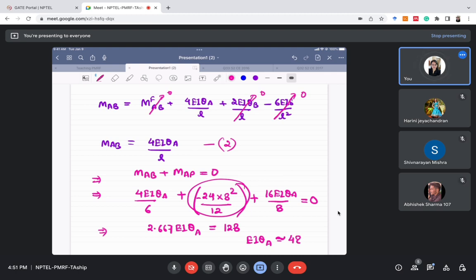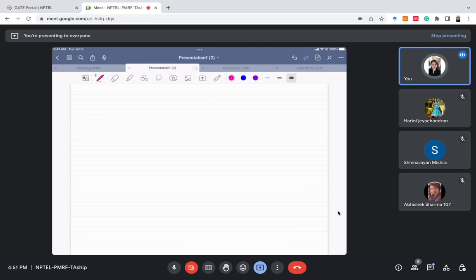Please solve it if I'm wrong. So now I know the value of EI theta A. I'll simply put it in this equation. Finally I needed to find MPA, that is moment at P, equal to MFPA plus 4EI theta.